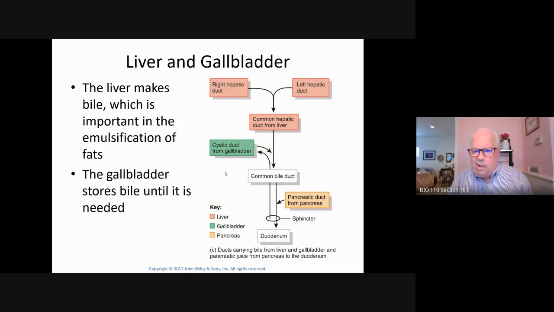You don't have to know those two hormones. But the pancreas is the big enzyme producer in the GI tract.